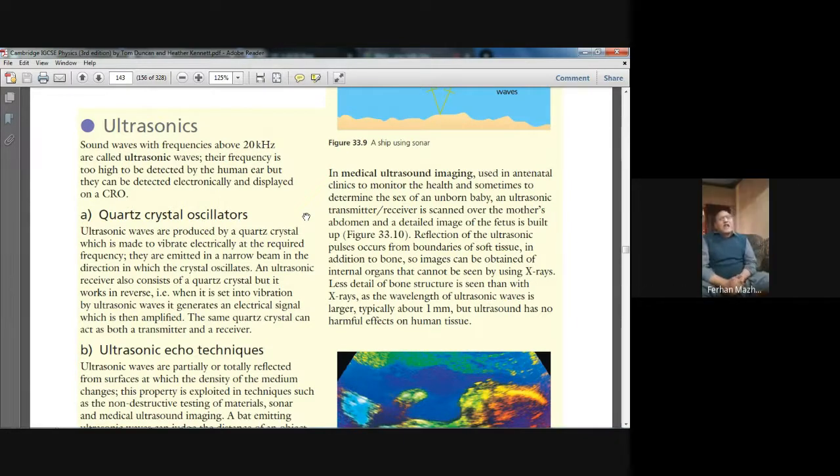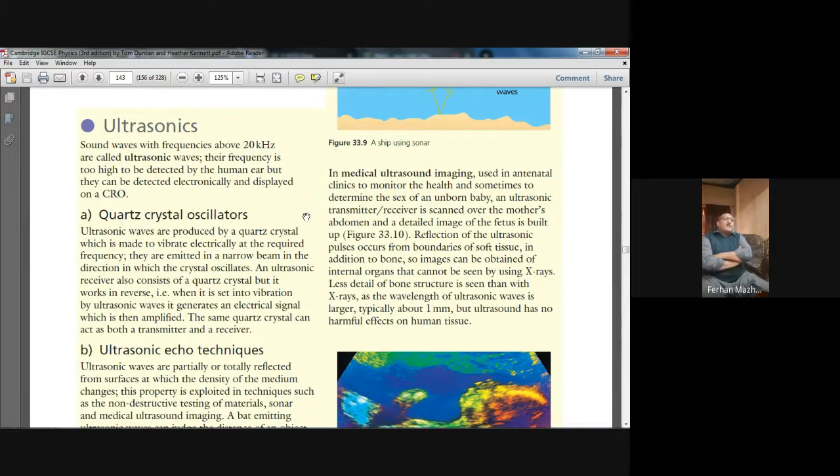So we send ultrasounds in a medium, and when they are reflected back, we study them with computers, and we are able to describe what is present in that object.